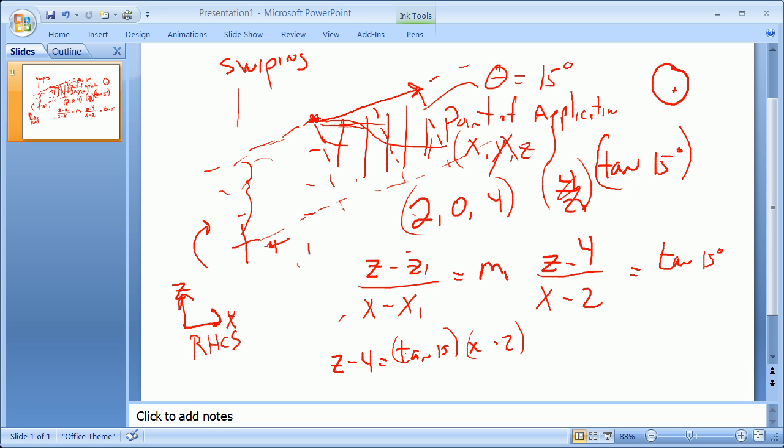And if you want, you can decide that you want to do this in the y equals mx plus b format, so you can go through here and calculate this out as z equals the tangent of 15 times x plus 4 minus the tangent of 15 times 2. This being your slope-intercept, and this being your slope, which we knew it was from the start.